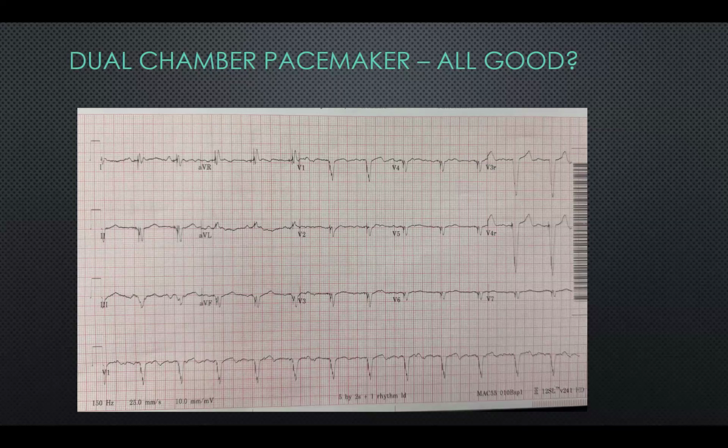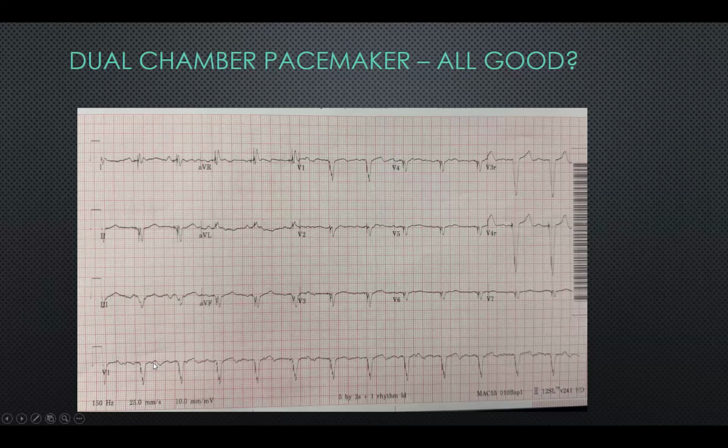Go ahead. I was going to say the only thing that is giving me a little bit of pause is the V1. If I look closely, there might actually be more than one P wave per QRS complex, which makes me think this might have underlying flutter.